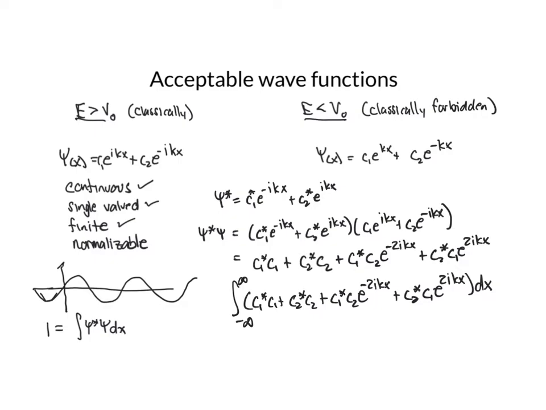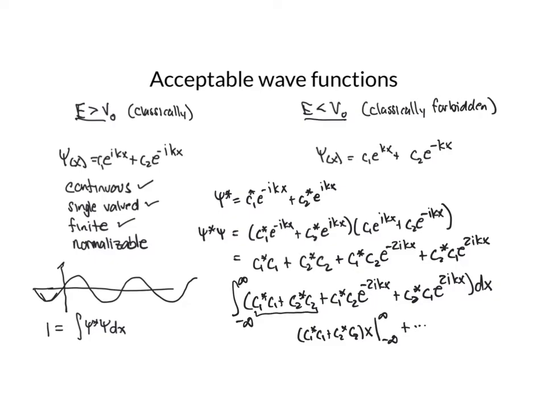So I'm hoping to be able to pick a c1 and a c2 such that this equals 1. Well, c1 star times c1 and c2 star times c2 are constants, so they come out of that integral. And then the integral of dx is just x, and I'm evaluating from minus infinity to infinity. And then I have the other two terms in my integral as well. But let's just look at this first term to start with.